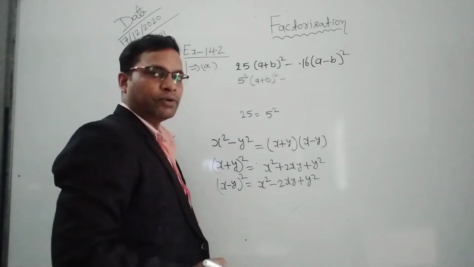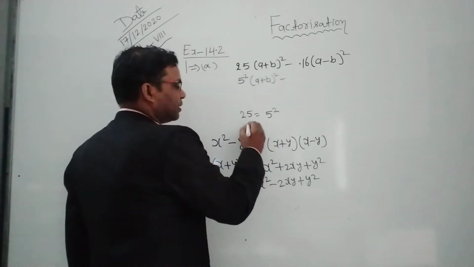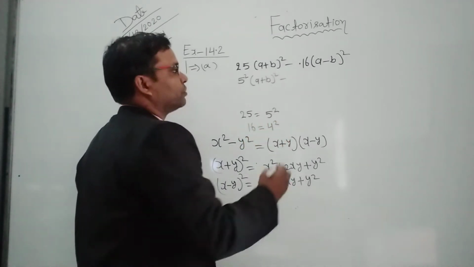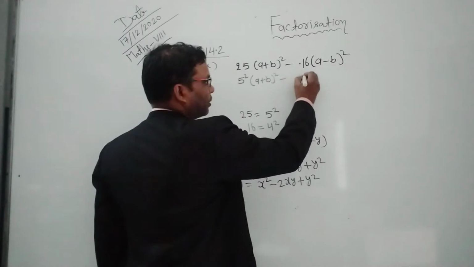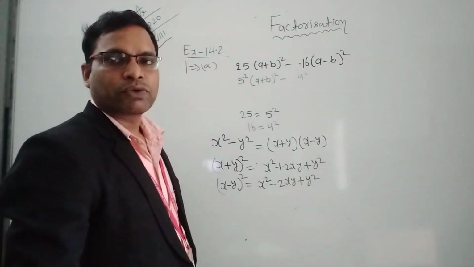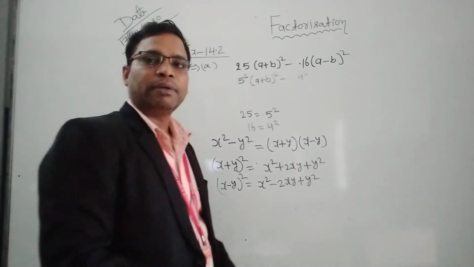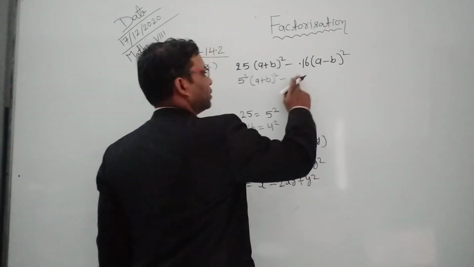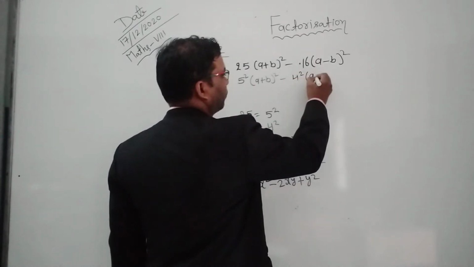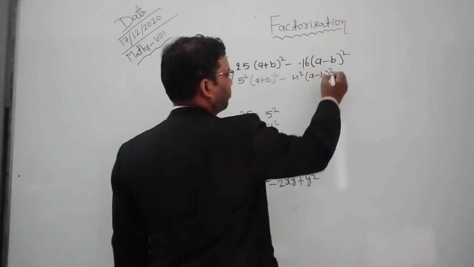This is clear. Now, what is 16? 16 is also the square of 4. So you can write here square of 4 into whole square of a minus b.